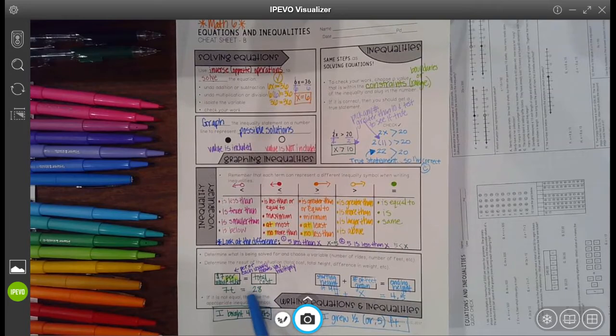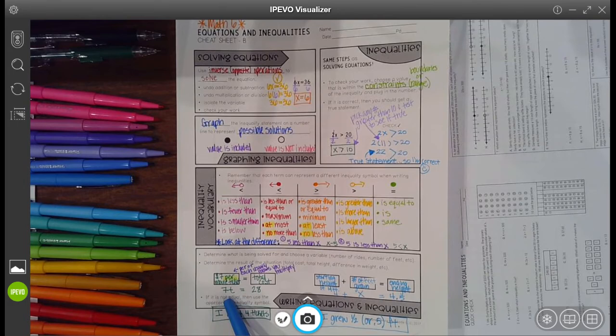So if they said the cost was $28 and you had to solve for how many tickets you got, well, $7 per ticket, so times each ticket you buy, equals the total cost. How would you solve for T? Divide by 7, and this becomes T by itself, and 28 divided by 7 is 4. So you bought 4 tickets if you spent $28.